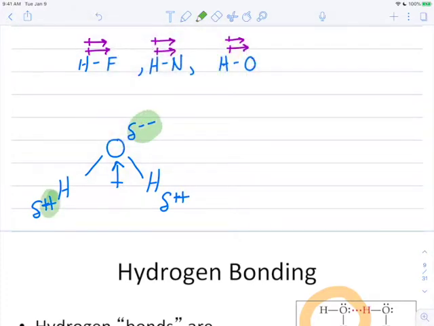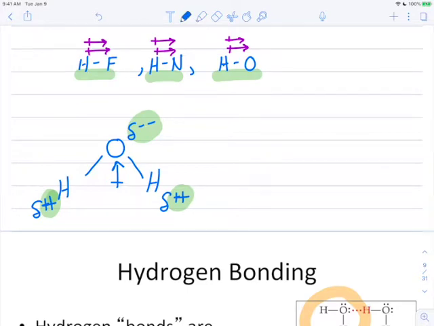It is still not a full charge separation like you'd see in NaCl, but it is much greater than what you would see from a normal dipole-dipole. And that's why we gave it a special name, because we see unique properties whenever we have these three combinations: the hydrogen-fluorine, hydrogen-nitrogen, and hydrogen-oxygen.